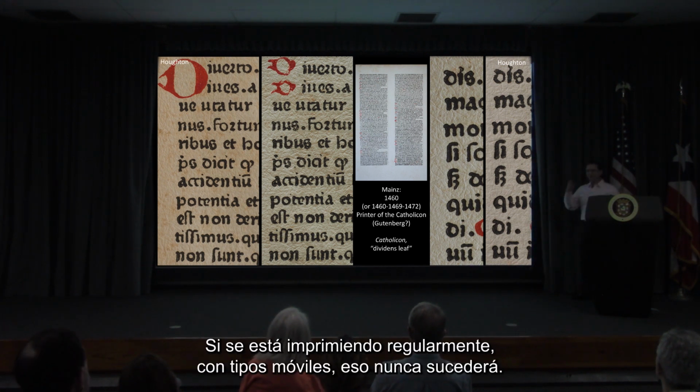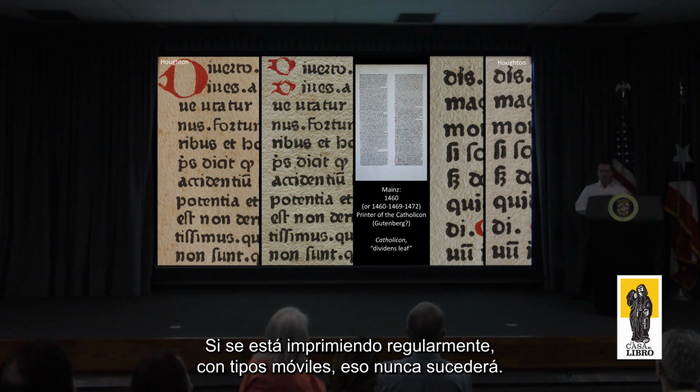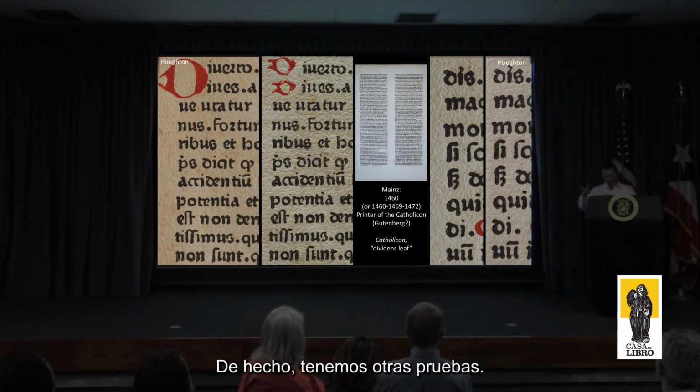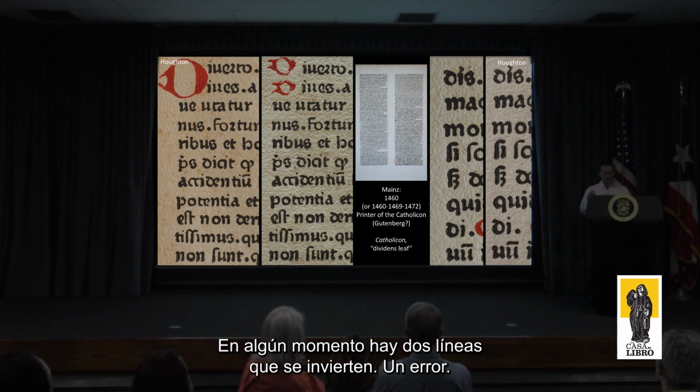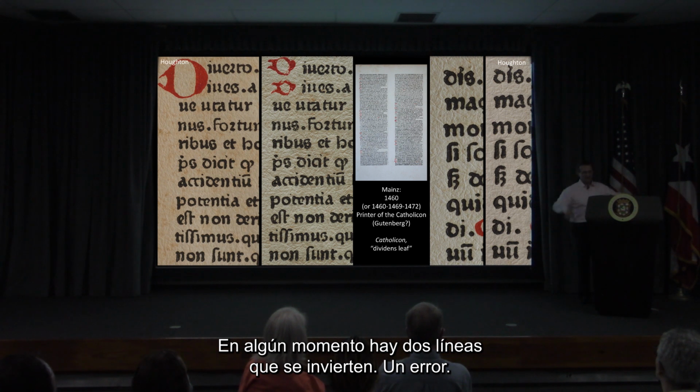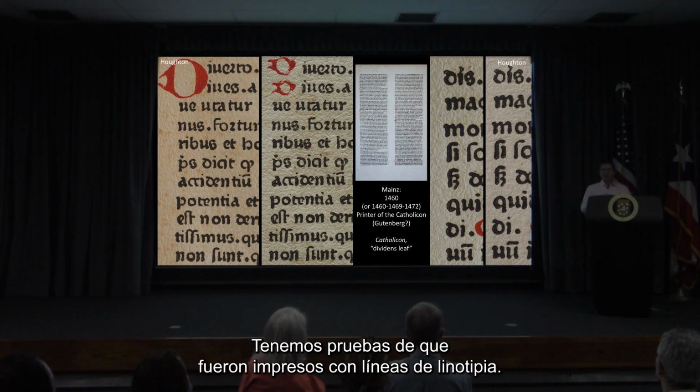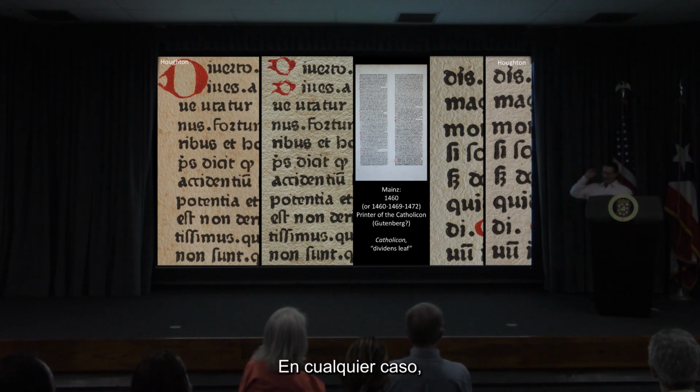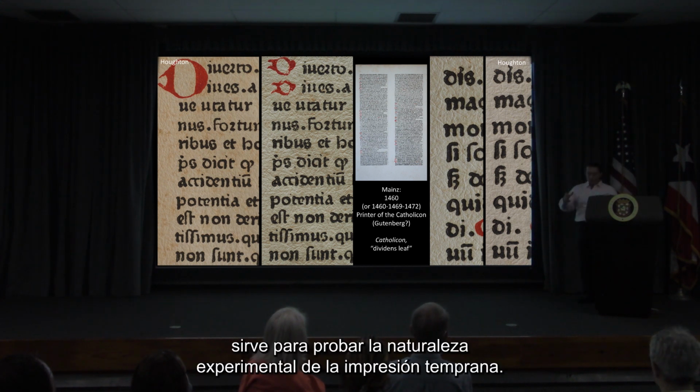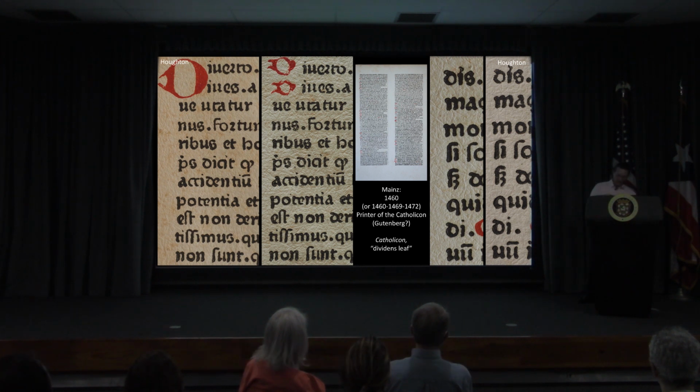If you are printing regularly from movable types, that will never happen. But in fact, we have other proofs. At some point, there are actually 2 lines that are inverted, a mistake. So we have proof that these were printed from slugs. In any case, it stands to prove this experimental nature of early printing.